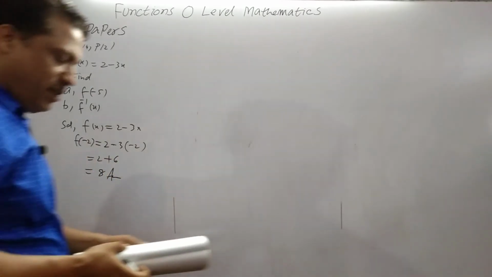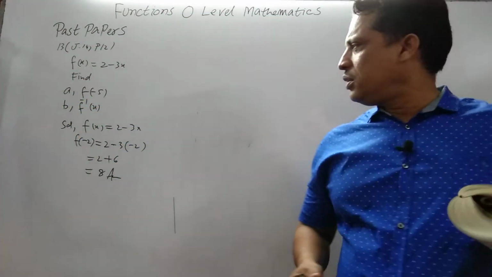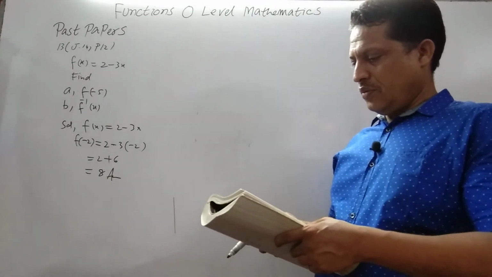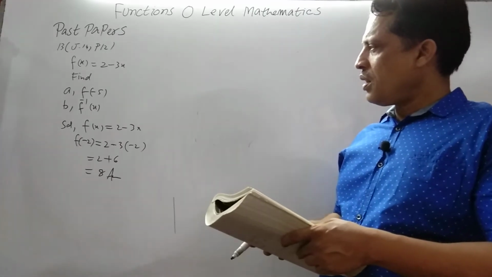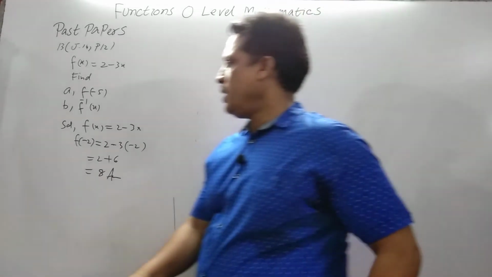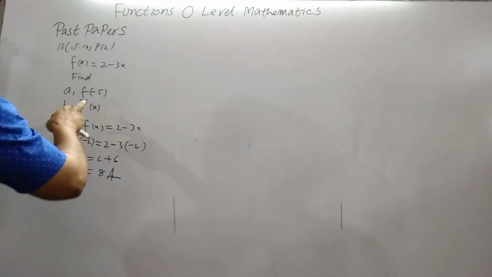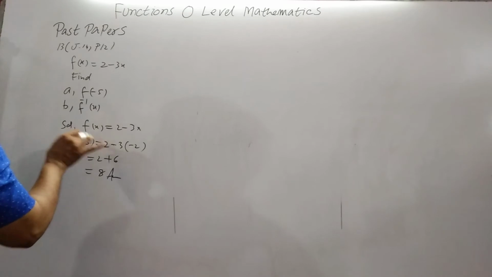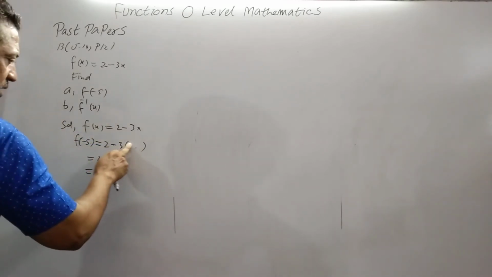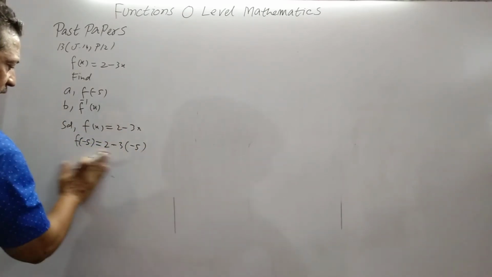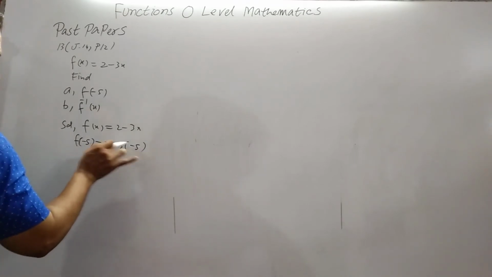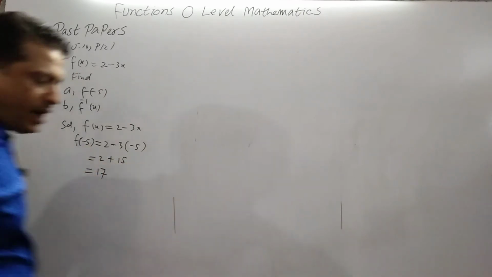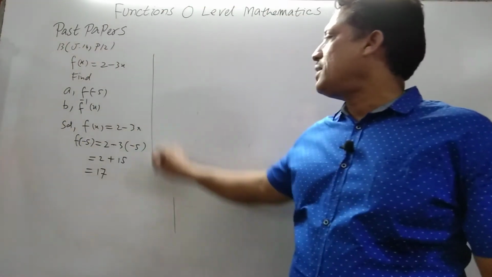So 8 is the answer of... student, I am sorry. We have to find f of minus 5. I made a mistake. I wrote minus 2 instead of minus 5. But don't worry, this is again very easy. Minus minus is plus, 3 fives are 15. 15 plus 2 is 17. I hope you understand.